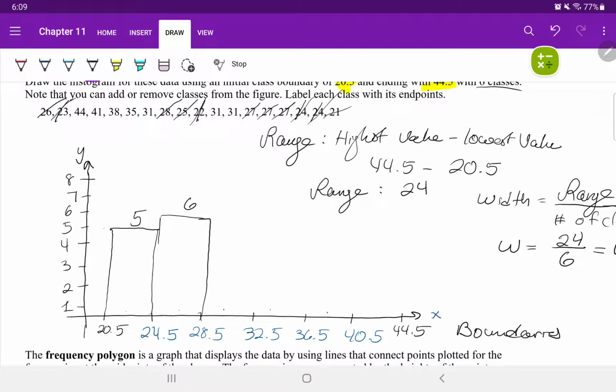Okay, between 28.5 and 32.5, 1, 2, 3. Apparently that is only 3. Between 32.5 and 36.5, 1 data value.